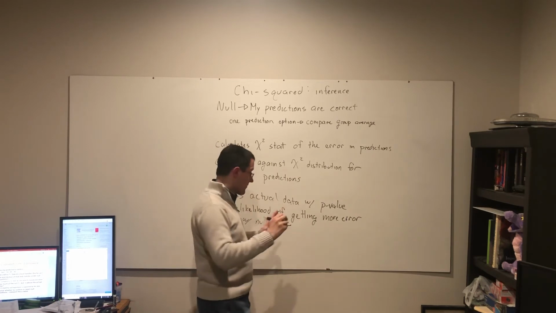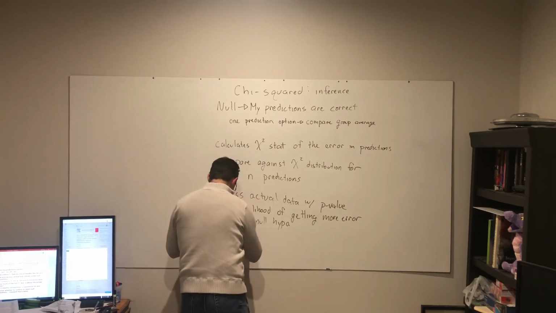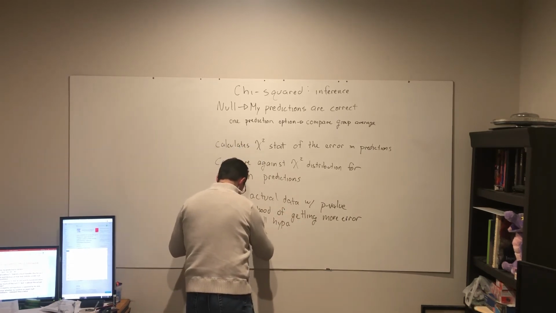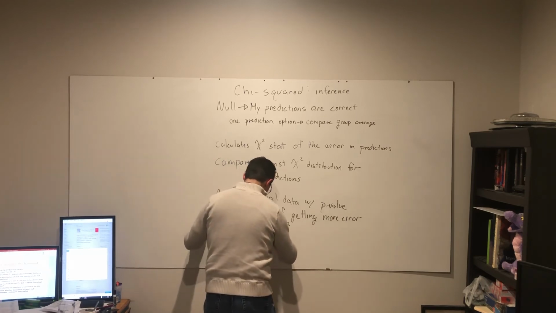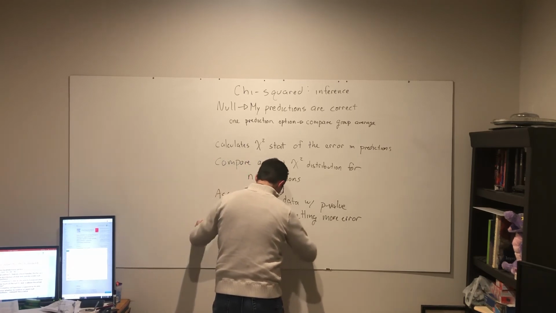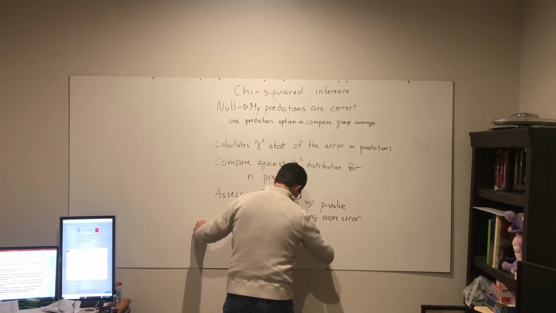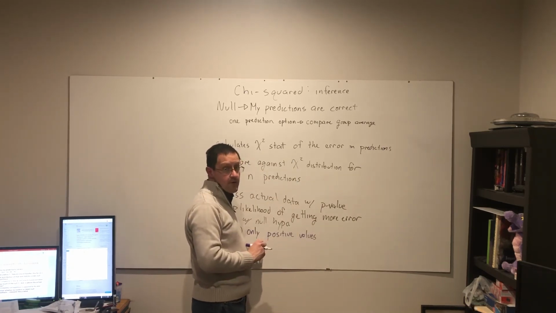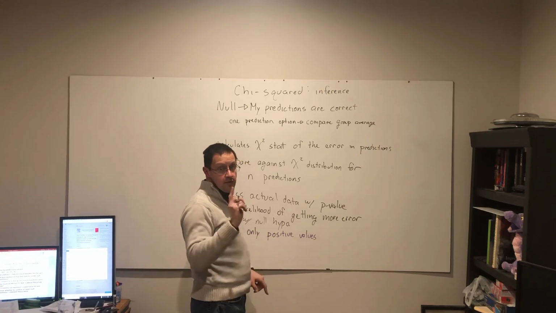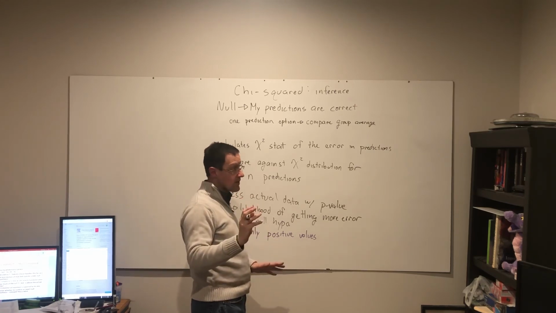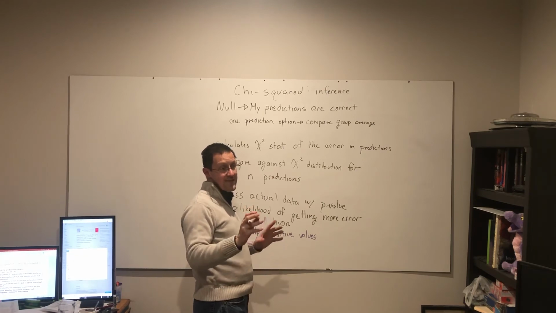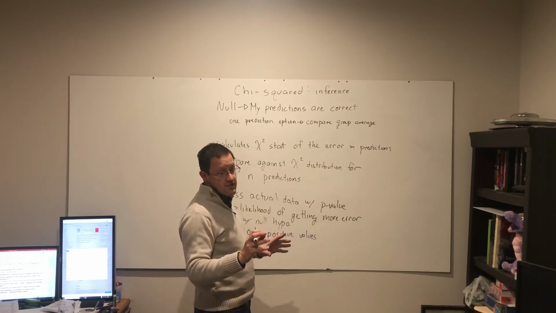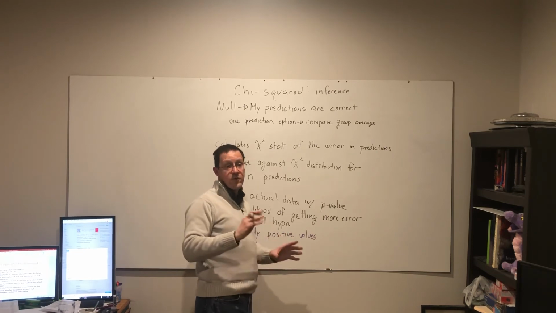So the first caution: it only really works if you have positive values. So that is something to be aware of, and especially if you have values that are both positive and negative, that can really start to throw things off.